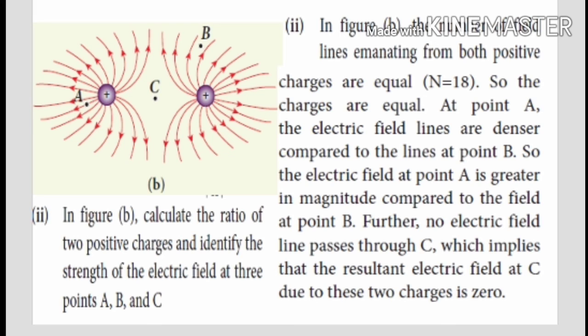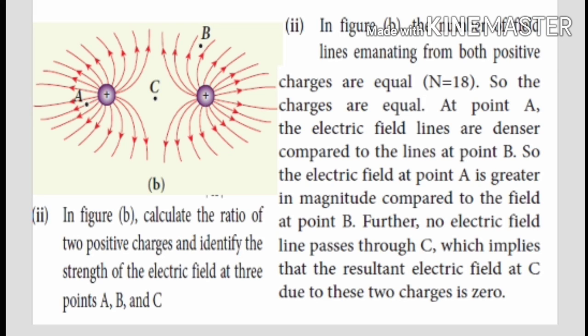First we have to see the number of lines emerging out from the first positive charge. Count the number of lines, it will be nearly around 18. And similarly you have to check the number of lines emerging out from the second charge. It is also 18.